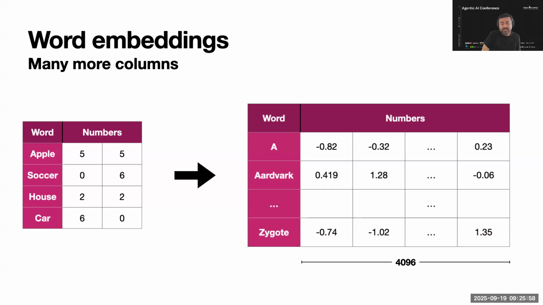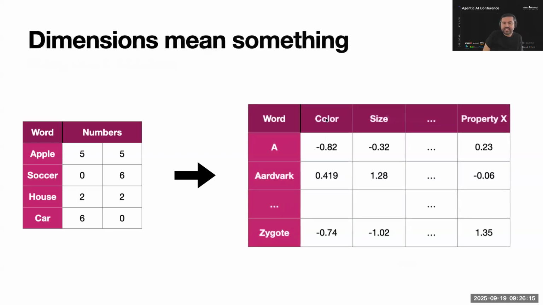But basically, one thing I like to imagine further is that the numbers for similar words are going to be similar. These are the coordinates in a huge space, in a 10,000 dimensional space. I can't picture it, but I can think of it, right? I like to think of every single number as some property of the word. Maybe the color, maybe the size, maybe anything else.